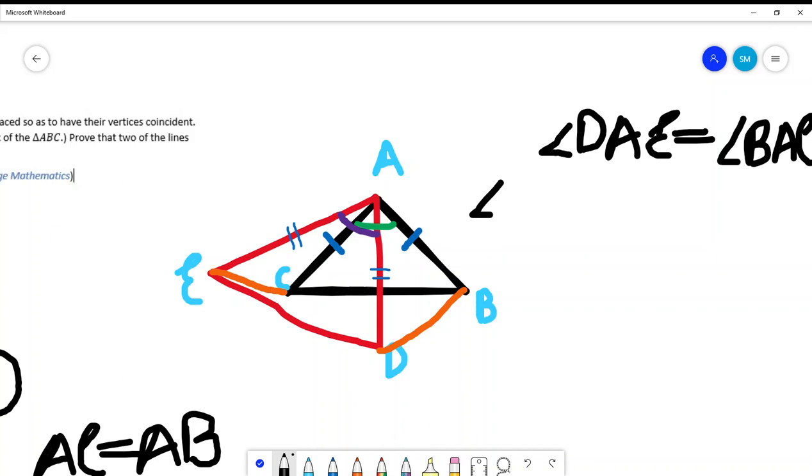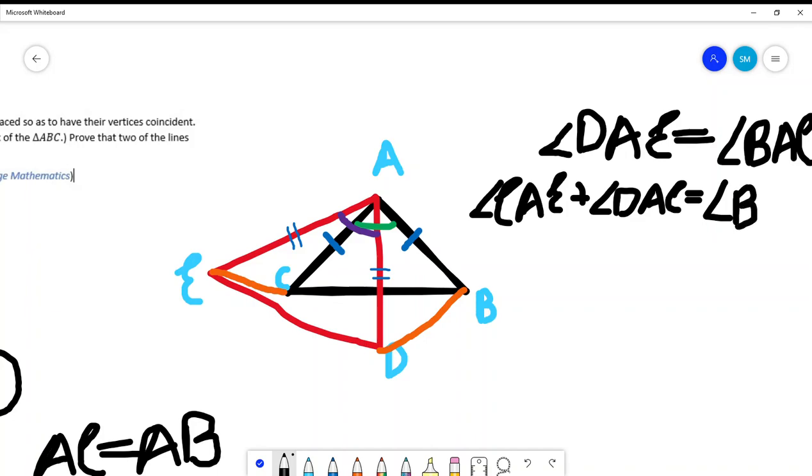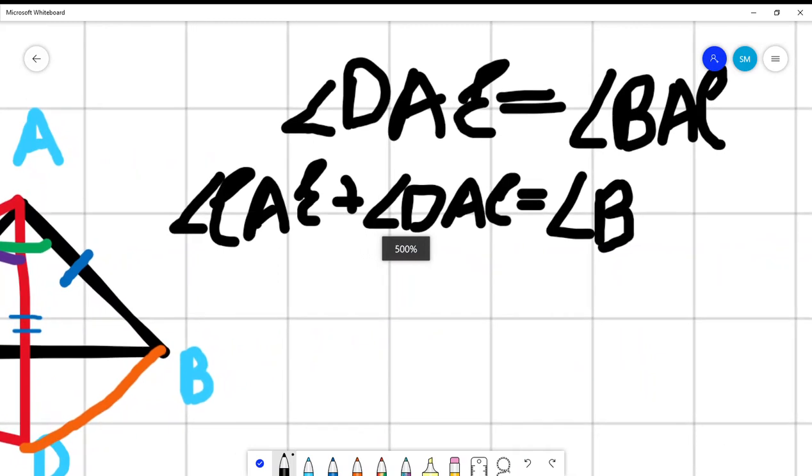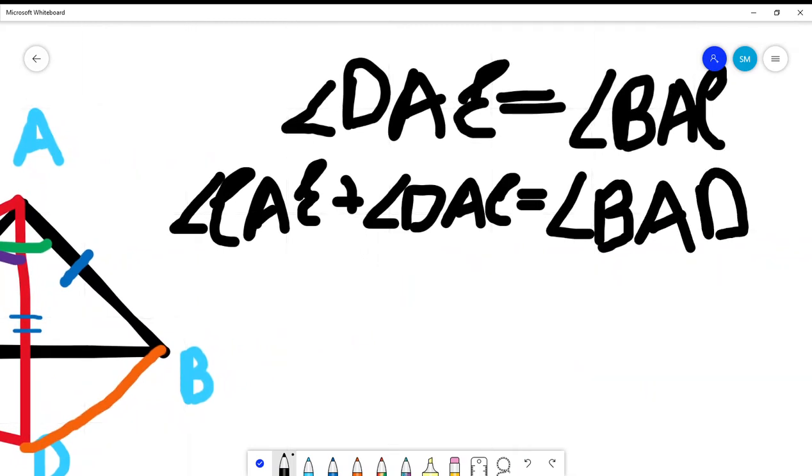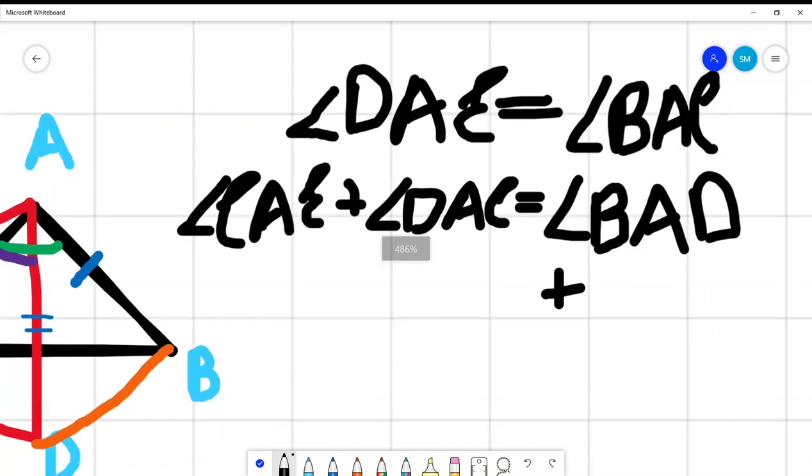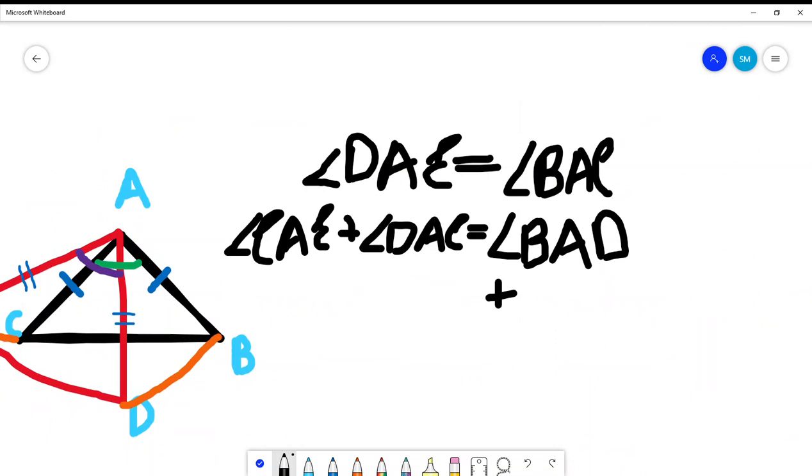So I'll write DAE as angle CAE plus DAC, which we can equate to BAC, which will be BAD plus the second part, angle DAC, which is over here too.